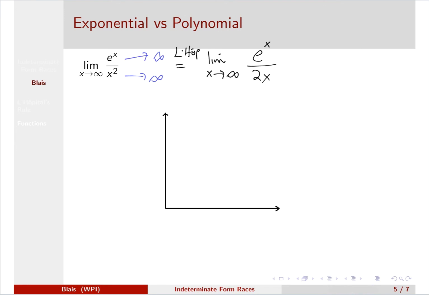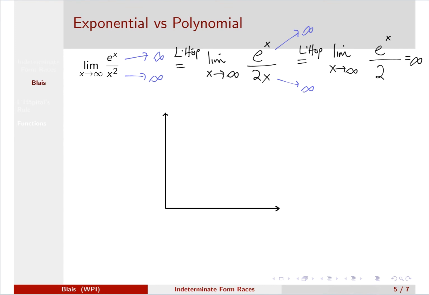But note, if we directly evaluate again, both numerator and denominator are approaching infinity. So we can do another round of L'Hopital's rule to get the limit as x goes to infinity of the derivative of e to the x, which is e to the x, over the derivative of 2x, which is 2. And we now know that that's infinity.